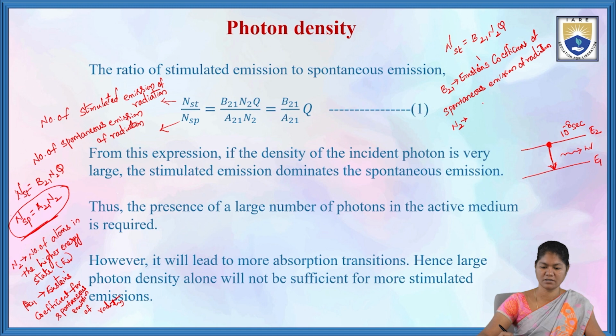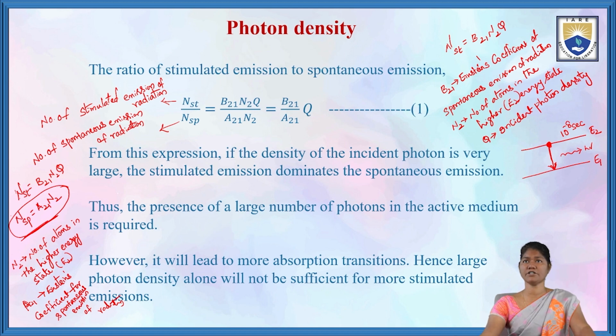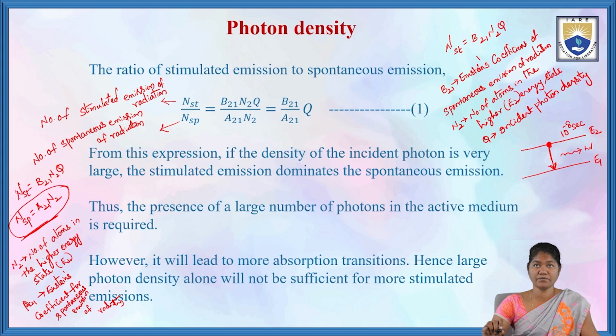N2 is the number of atoms in the higher energy state. Q is the incident photon density. So we can recollect the process of stimulated emission of radiation.